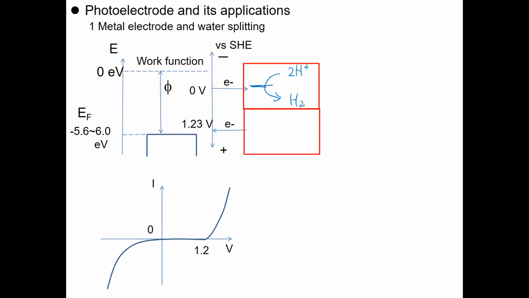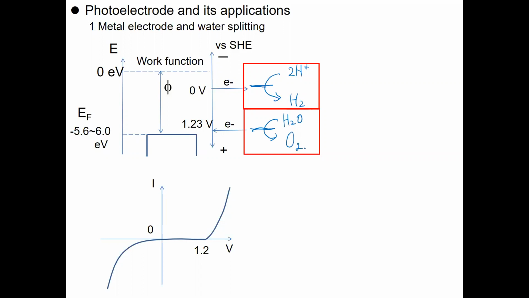In water, you have protons, and these protons are changed to hydrogen by accepting electrons, when the negative potential is applied and is higher than the redox potential of 0 volt. On the other hand, applying the anodic potential, if the anodic potential is larger than 1.23 electron volt, now this electrode is going to accept the electron.